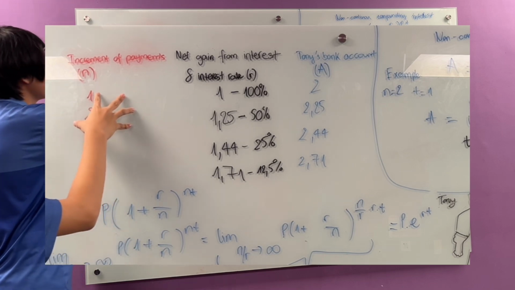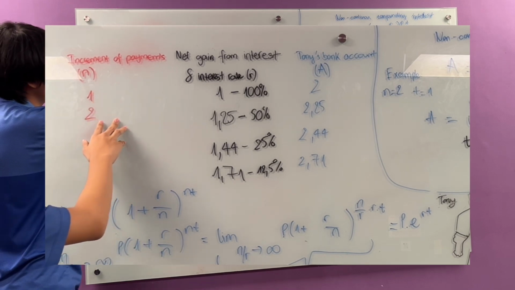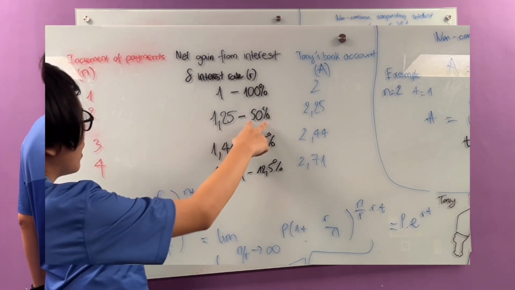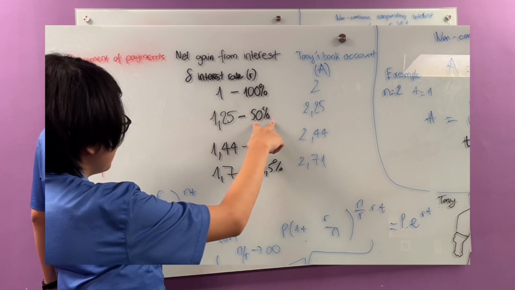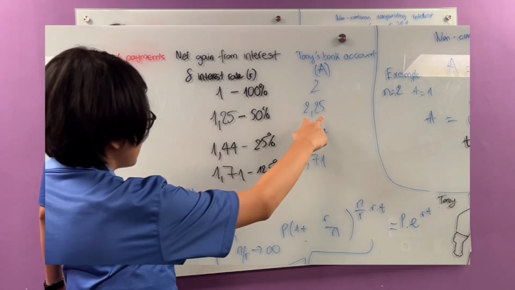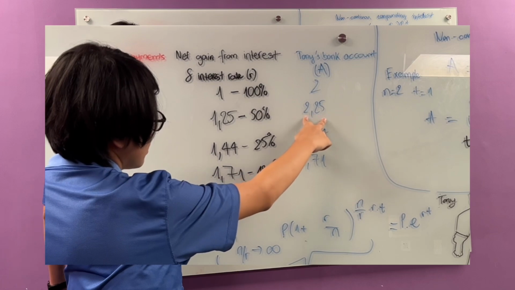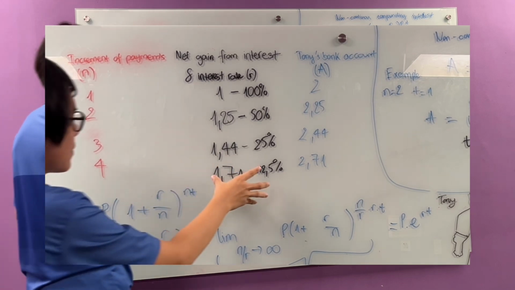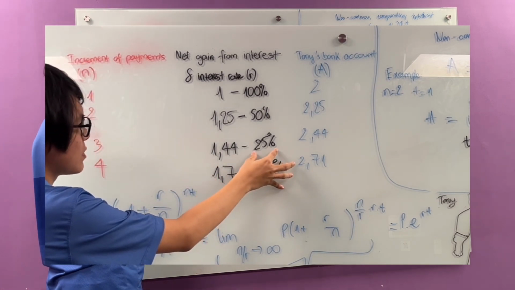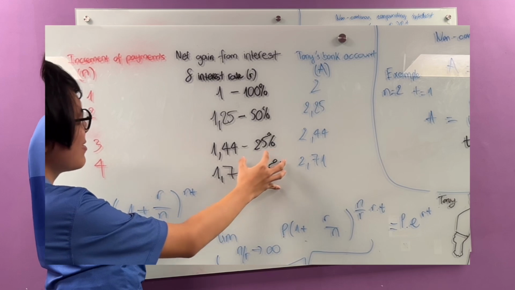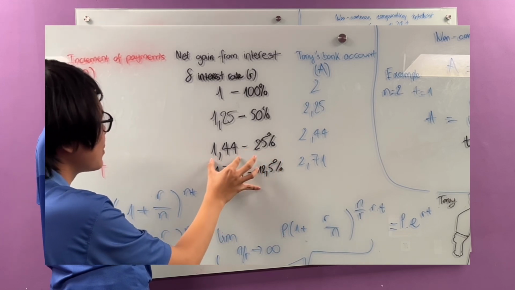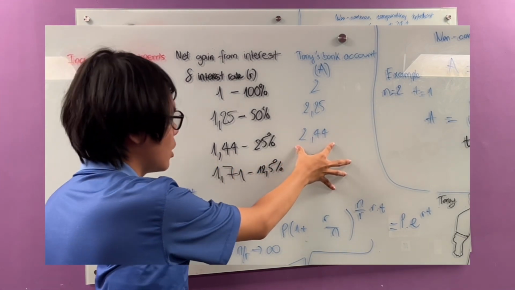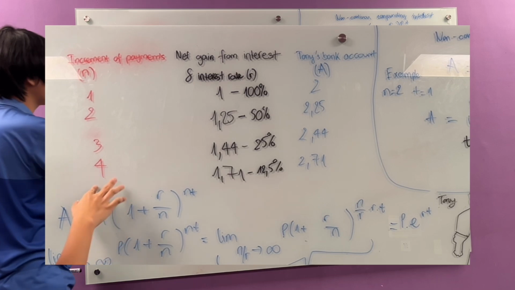As you can see, from 1 raised to 2, now he'll gain $1.25 with 50% interest rate 2 times, which would be $2.25 in total from his bank account, and for 3 times with 25% interest rate, because the government doesn't really have infinite interest money to pay him, equal to 1.44 dollars paid to him, and $4 and so on.